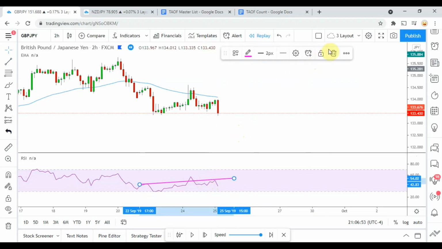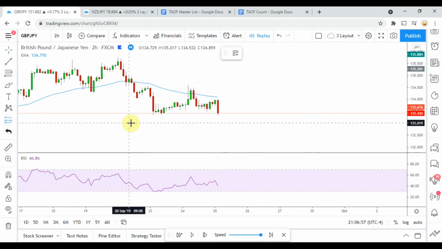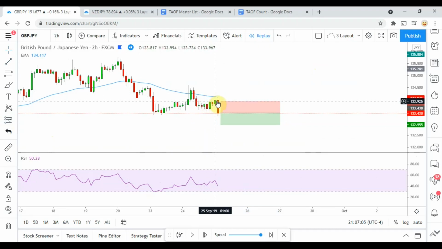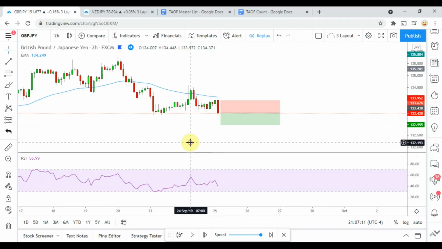So now that we have all that set up, we are going to take a short position here, and our stop is right at the top of the body of this candle.